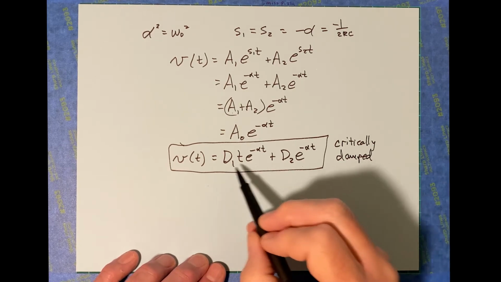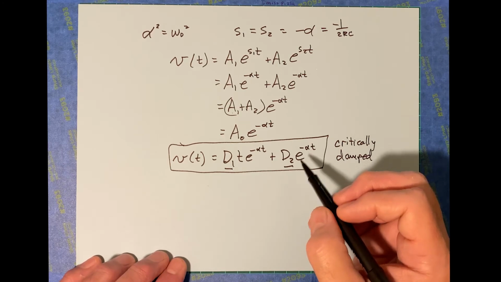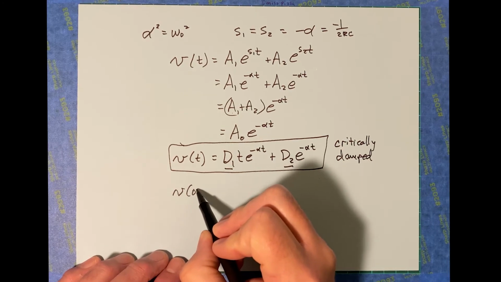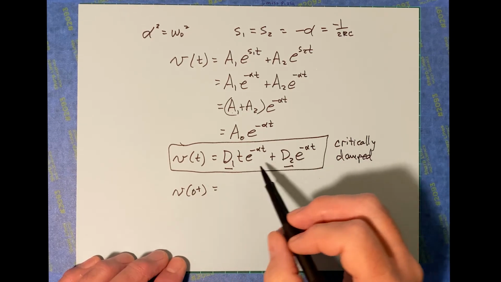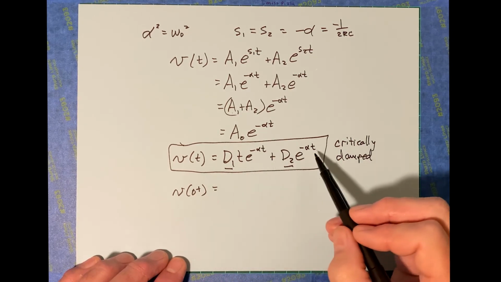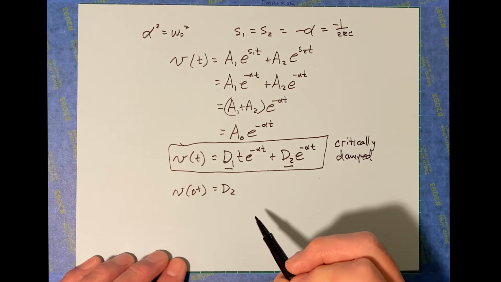All right. Now, once again, you have to figure out these coefficients, D1 and D2. So how do you do that? Based upon initial conditions. V at 0, plug in t equals 0 here. That term goes away. The exponential here becomes 1, and we're just left with D2.